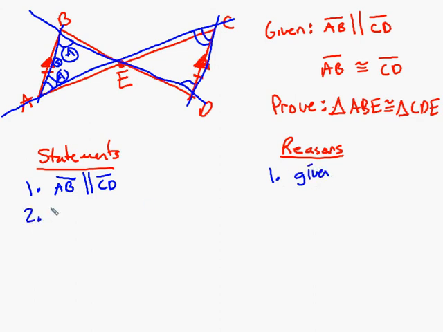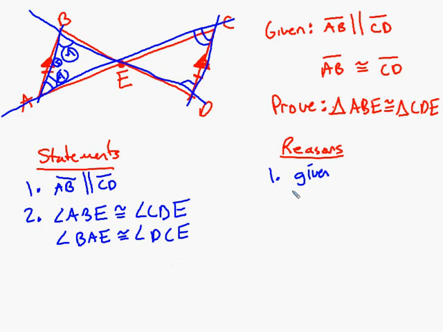In statement 2, since we're using the same reason off of this parallel, I'll just combine it. So we have angle ABE is congruent to angle CDE, and also angle BAE is congruent to angle DCE.